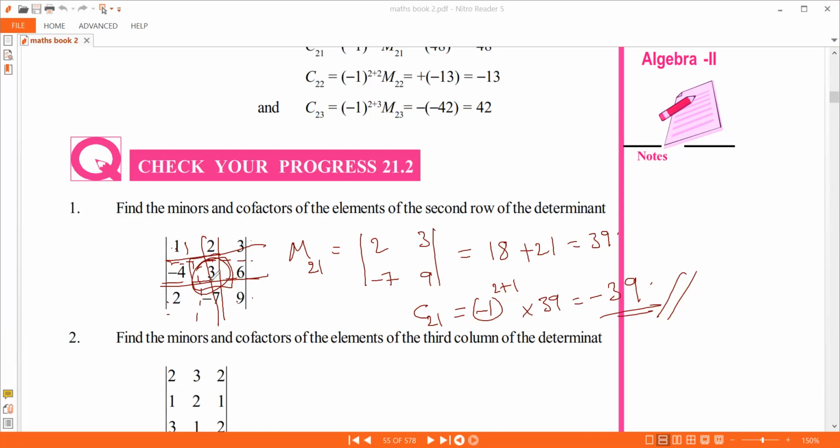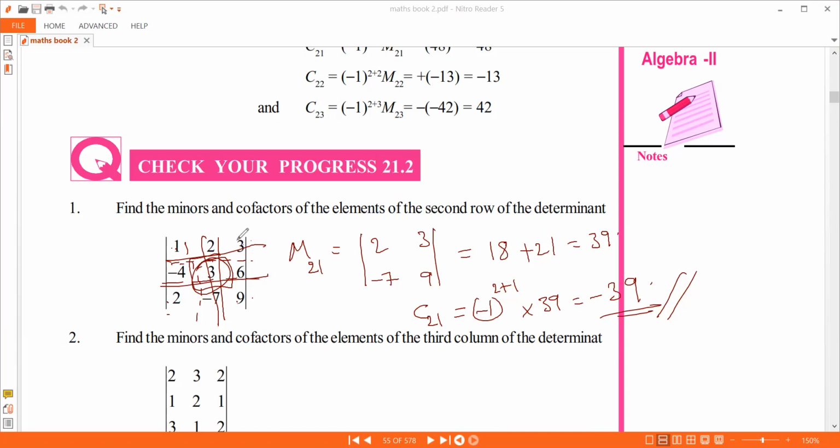So 1, 3, 2, 9. So that will be 9 minus 6, which is 3.